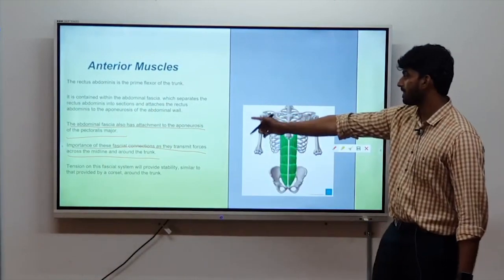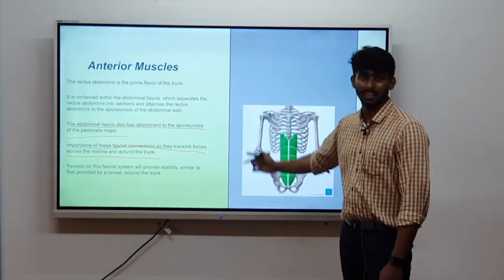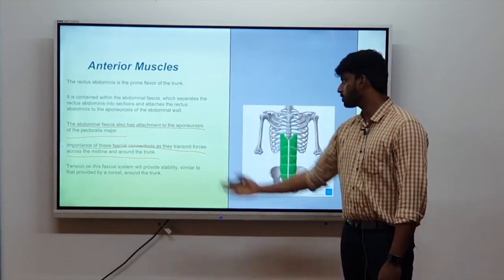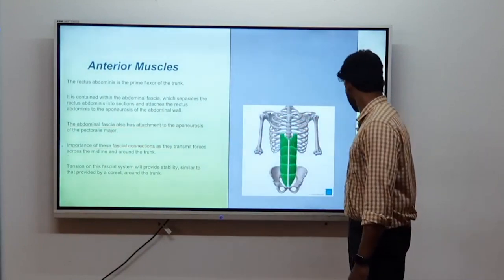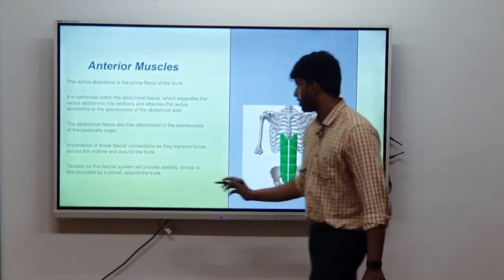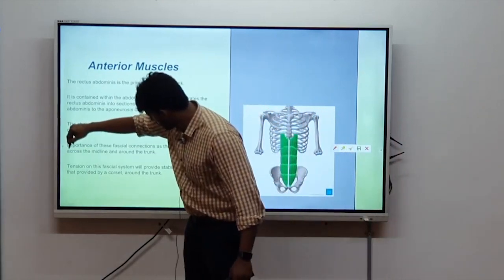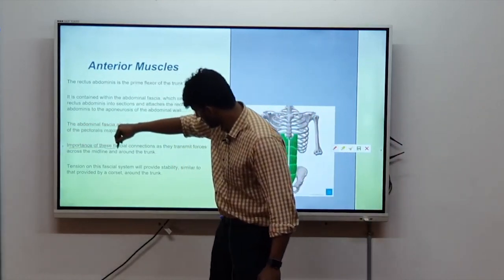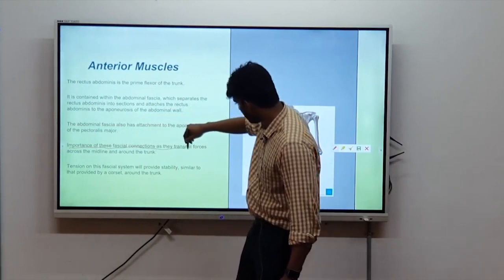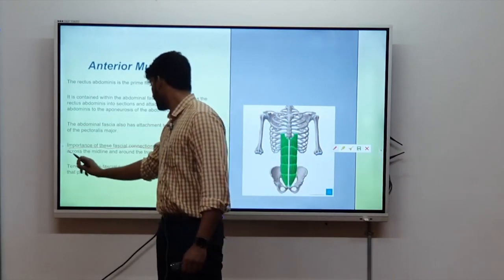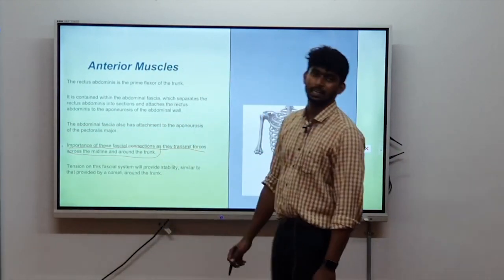The abdominal fascia has attachment to the aponeurosis of the pectoralis major. Importance of this fascial connection: they transmit forces across the midline and around the trunk.